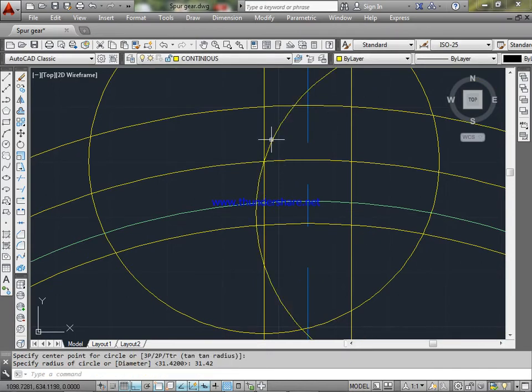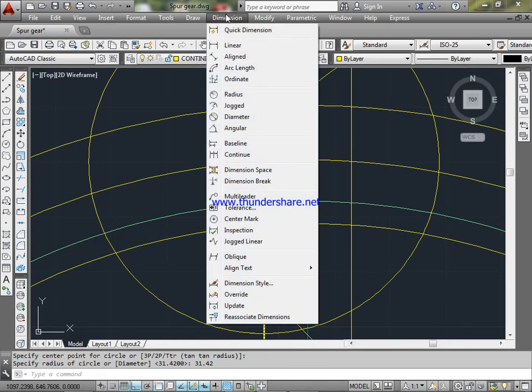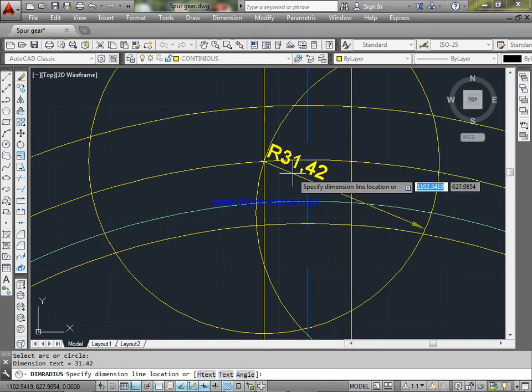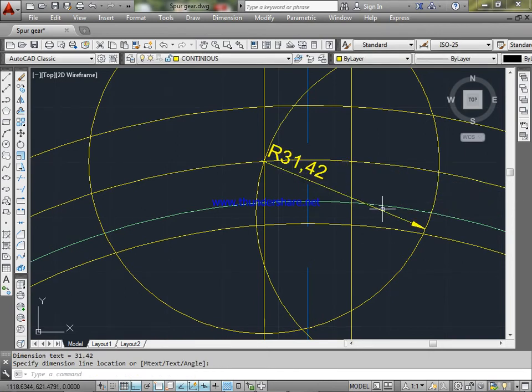See, at first draw an arc from the tooth thickness of the first point, which touches the base circle from here.